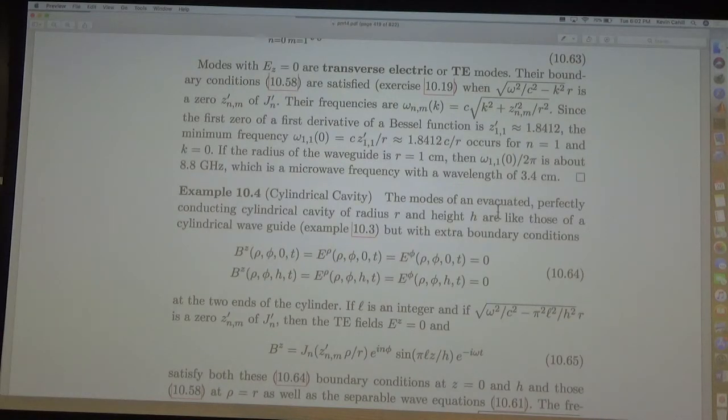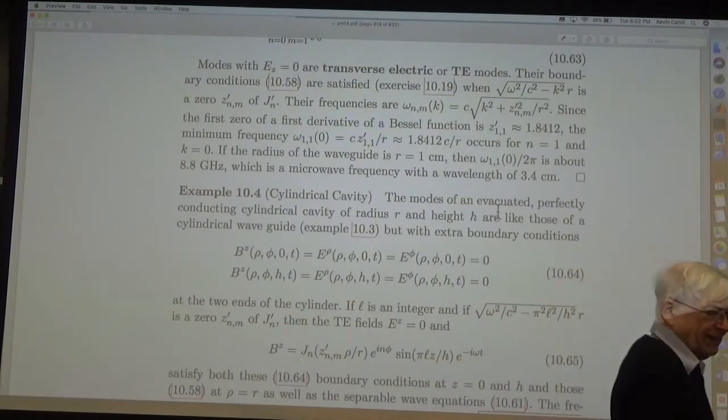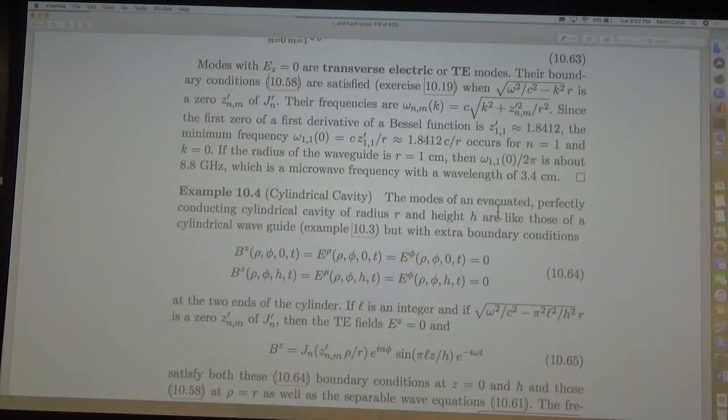All right. I do not know why the ones that you're talking about are rectangular. They're certainly easier to analyze mathematically. I would think that physically they have very similar properties, but I don't know. I haven't analyzed them. You know, I was just concentrating on Bessel functions, so I did the painful cylindrical case here.